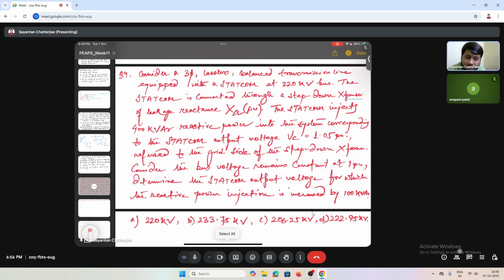Consider the bus voltage remains constant at 1 per unit. Determine the STATCOM output voltage for which the reactive power injection is increased by 100 kVAR. So these are the options. Please give it a try and we'll then discuss.